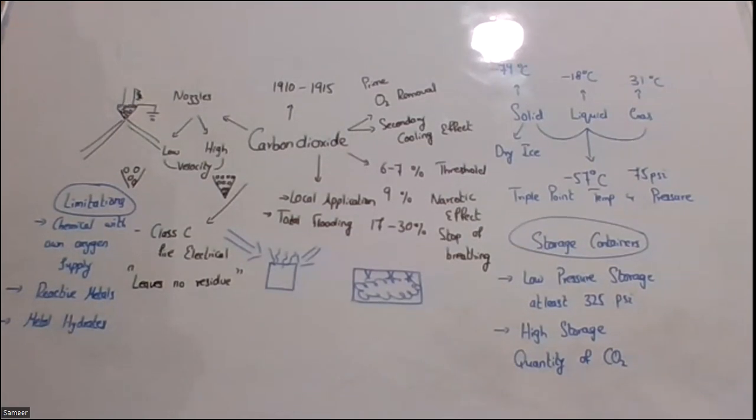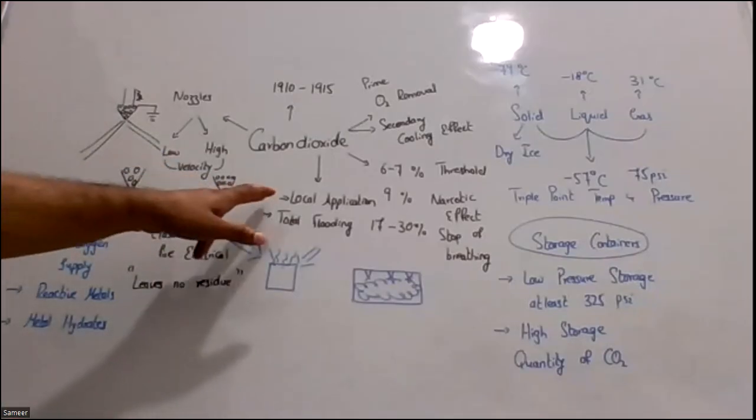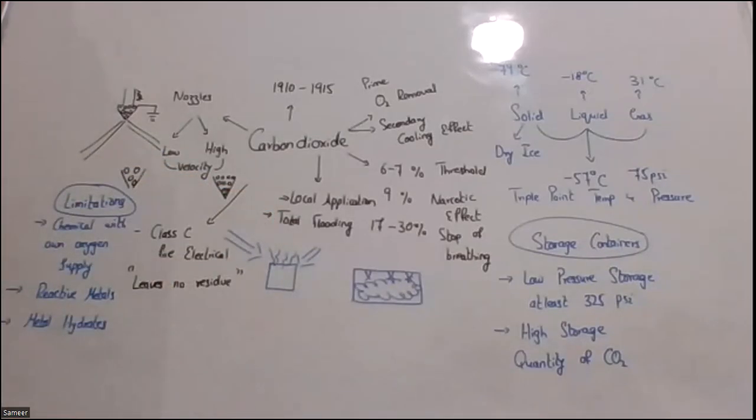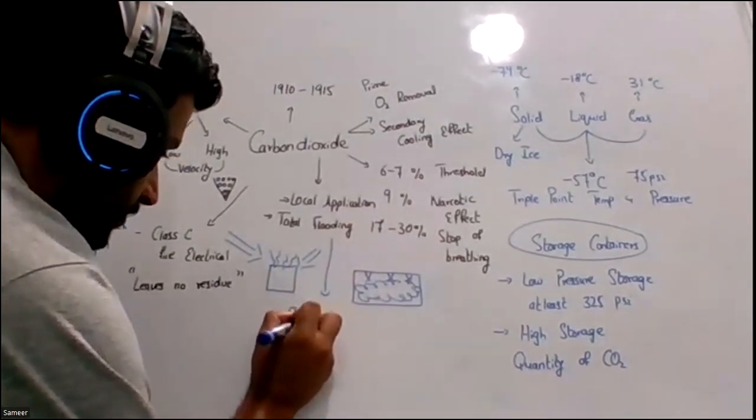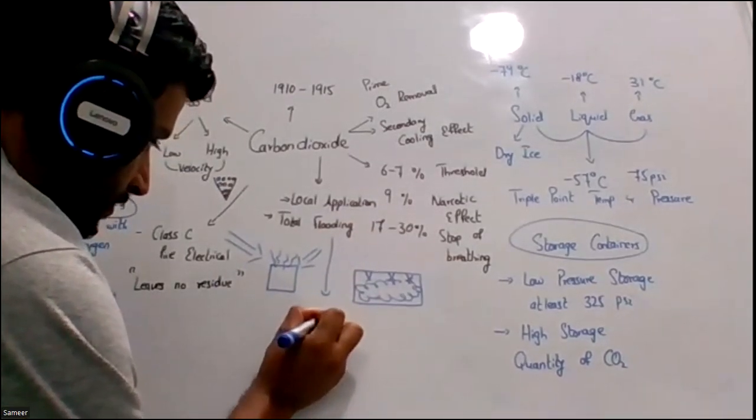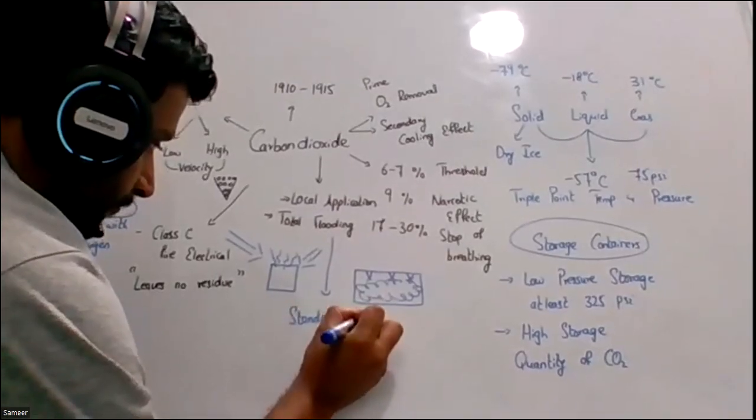So from the design perspective, usually carbon dioxide is designed by method of application. We have discussed total flooding and local application. In the total flooding system or a local application system, these both can be installed as standpipe systems. In the standpipe systems, one thing is very important.